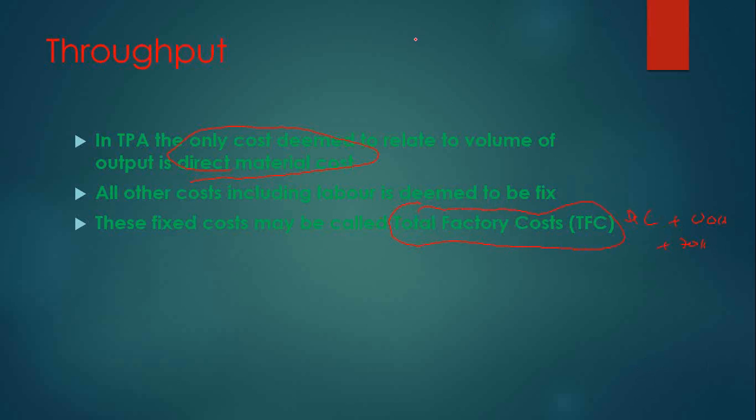But if you remember, in absorption costing, when you say factory cost, it is again direct labor, direct material, and also the factory fixed overheads and the variable overhead. But in marginal costing, when you say factory cost, it is the factory overheads only. So different accounting systems use different terminologies.